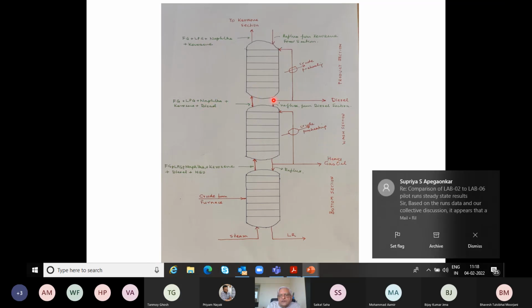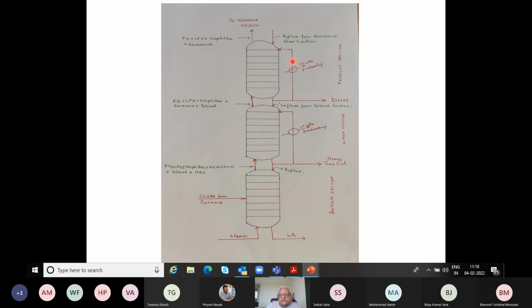So when it goes up, you have another pump around. The diesel is cooled, and we take it back again on the top, which condenses all the diesel part of the hydrocarbons. Then what goes up to the kerosene section is the fuel gas plus LPG plus naphtha plus kerosene. The same thing is done there at the top as well, where we take the kerosene side draw, cool it and condense the vapors.